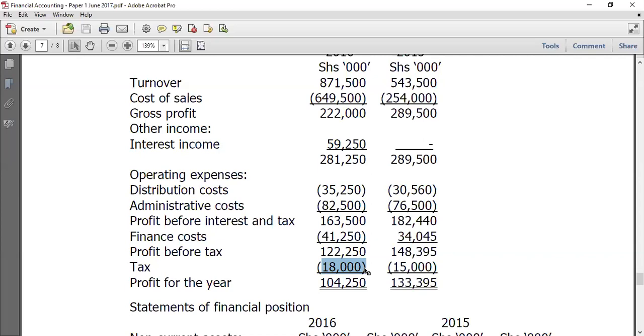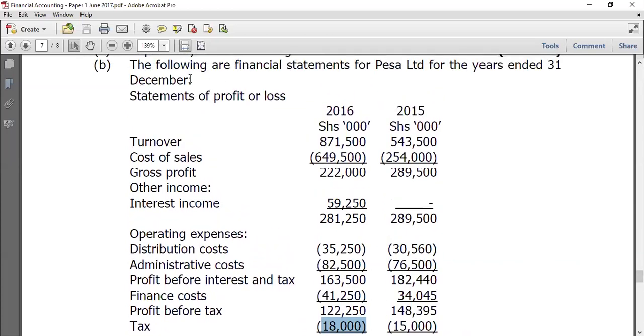The statement of P&L records transactions on accrual basis, meaning transactions are recorded not necessarily when cash has been received or paid, but we record expenses when they have been incurred, and we record revenues when revenue has been earned, whether or not we have received cash. So whatever you see under your P&L is the tax and the finance cost, which is your interest.